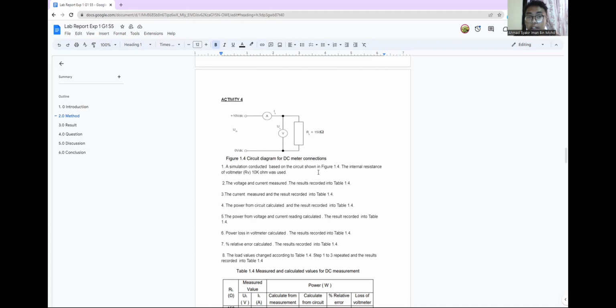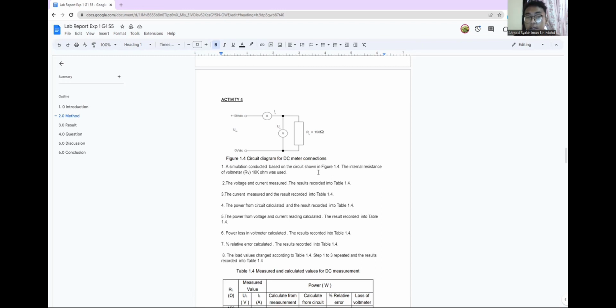The voltage and current are measured and the result recorded in table 1.4. The current is measured and the result recorded in table 1.4. Next, the power from the circuit is calculated and the result recorded in table 1.4. Step 5, the power from the voltage and current readings is calculated and the result recorded in table 1.4. Power loss in the voltmeter is calculated and the result recorded in table 1.4.